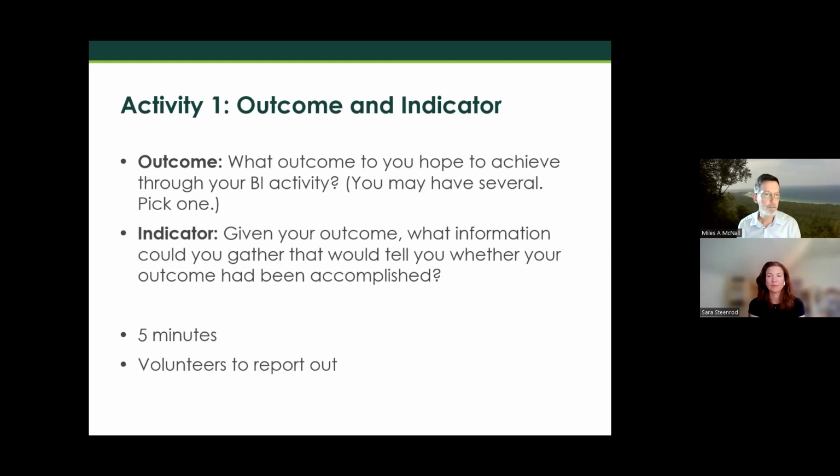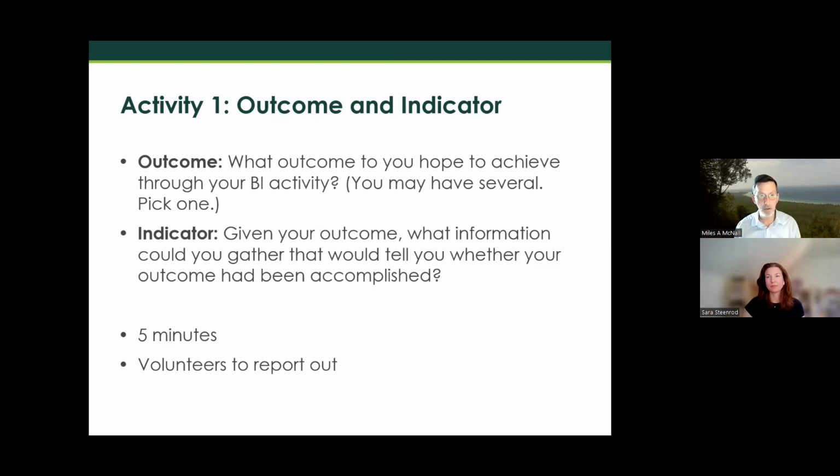Or you may have several different ideas about BI activities, but pick a BI activity and think about what a desired outcome would be from that activity, and write that down in your worksheet, and then try to think about, given that outcome, what information would you need to gather that would tell you fairly certainly whether or not your outcome had been accomplished. We'll give you 5 minutes to work on it.